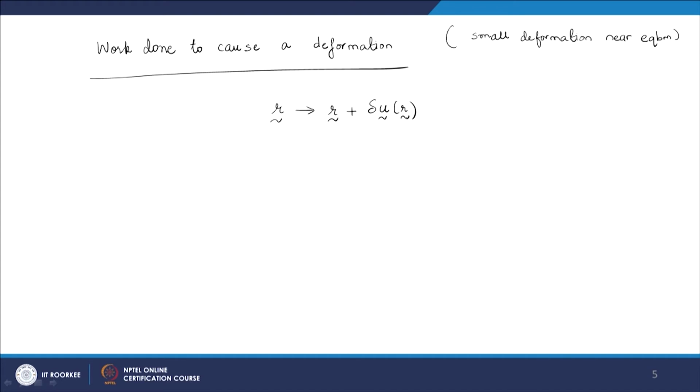And if I want to find the work done for this deformation, that would be simply the force that we have obtained multiplied by the deformation that I am giving to the system, right. So, force multiplied by deformation. Again, the force is calculated assuming that we have a state of mechanical equilibrium, and that is why I am emphasizing the fact that we must be very near to the equilibrium.